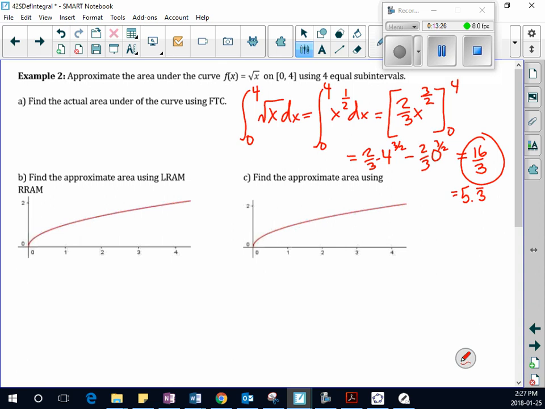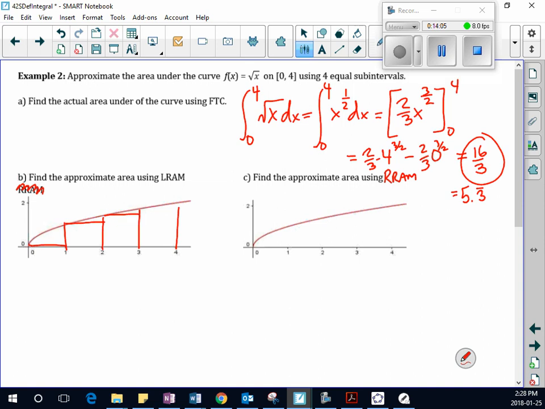Okay, so now we're going to use LRAM. LRAM. Remember LRAM? This is RRAM, just so we can see how bad it is, I guess. So we're going to split it into 4 rectangles here. So do you remember how this works? If we're using LRAM, we're going from the left-hand side. So this rectangle is 0. This rectangle is that.